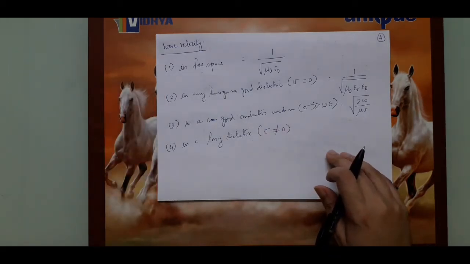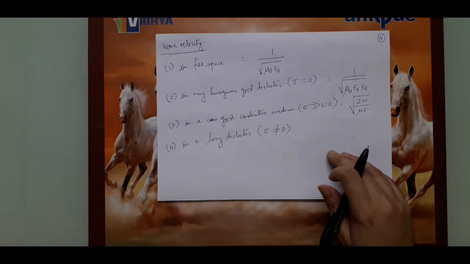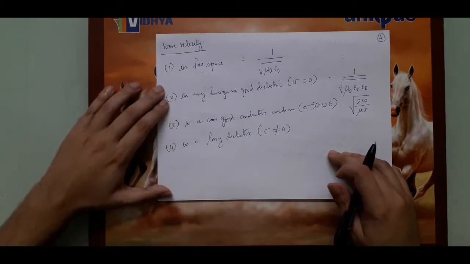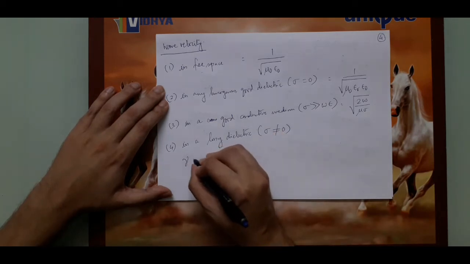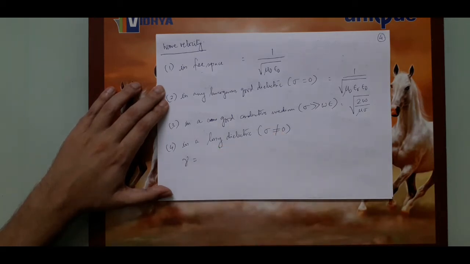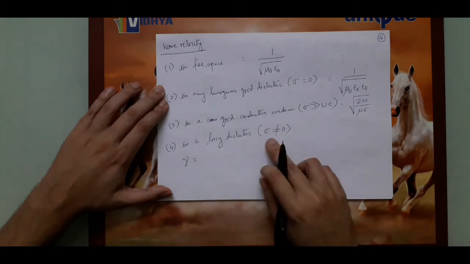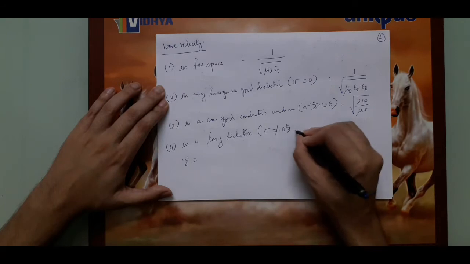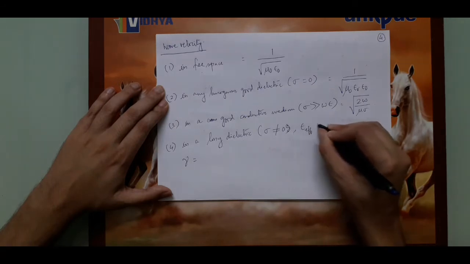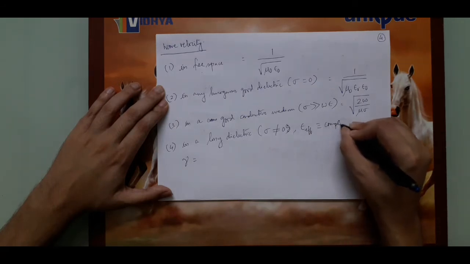So how can we find out the velocity in a lossy dielectric? We can find out the velocity by writing the propagation constant gamma. In the previous class we had written this, where epsilon effective is complex.